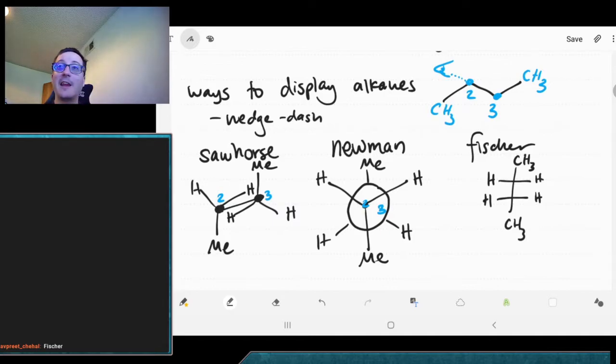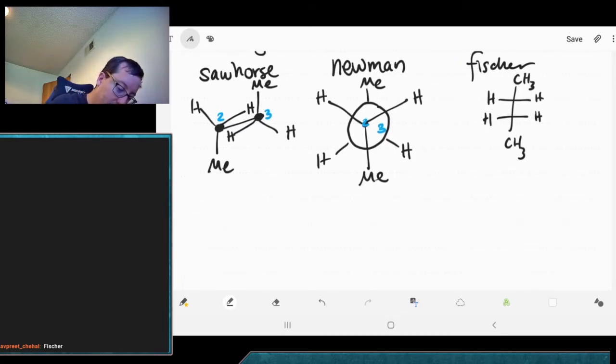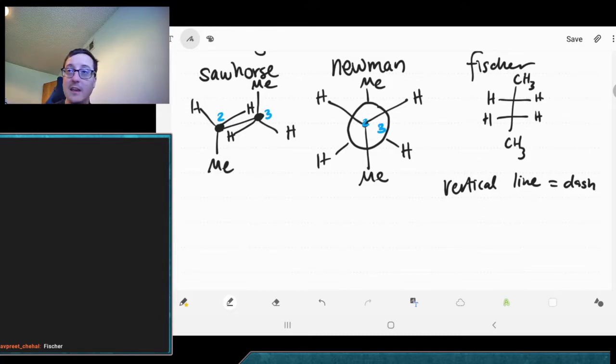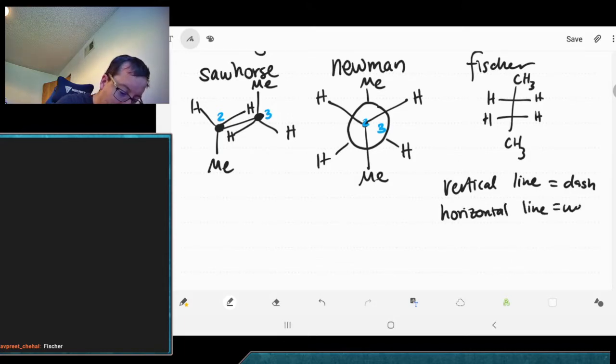The way that a Fischer projection works, and it's maybe not so obvious with this molecule because everything is just carbon and hydrogen, every vertical line is a dash in a Fischer projection, and every horizontal line is a wedge.